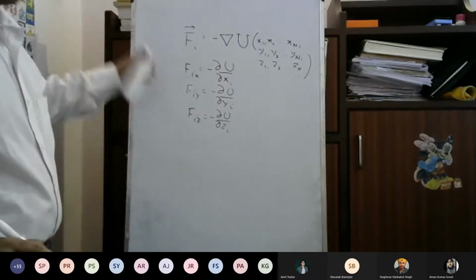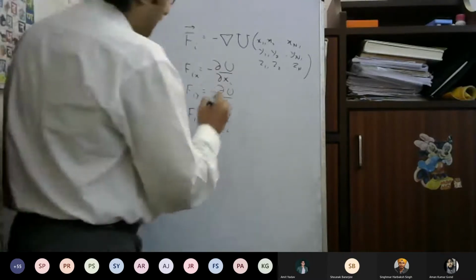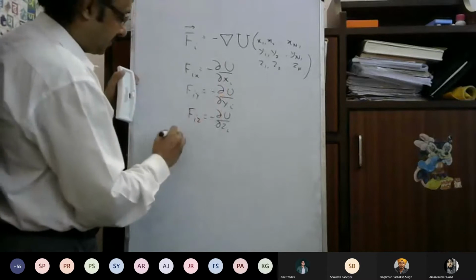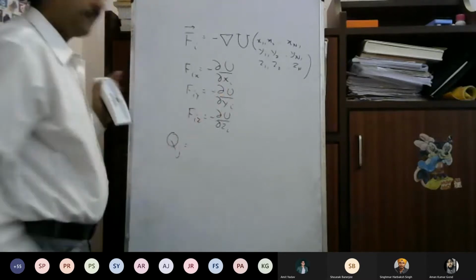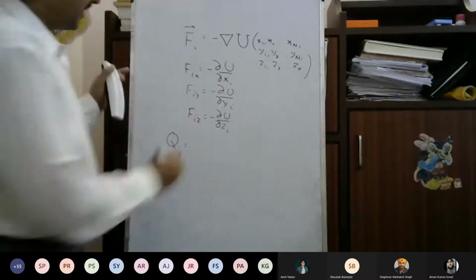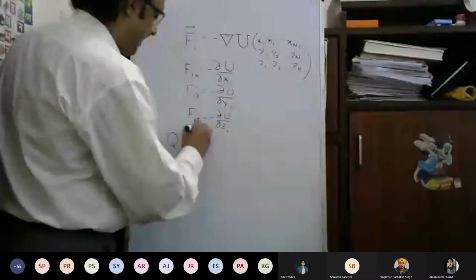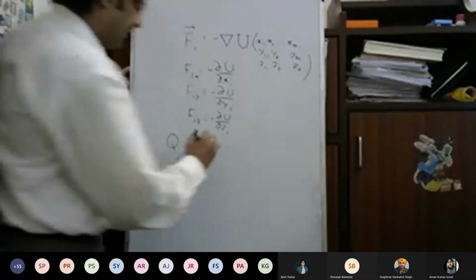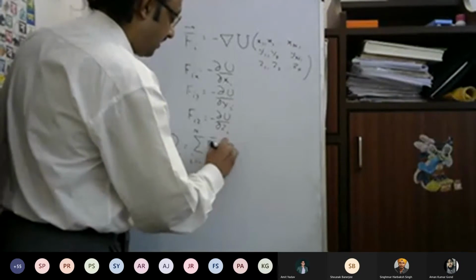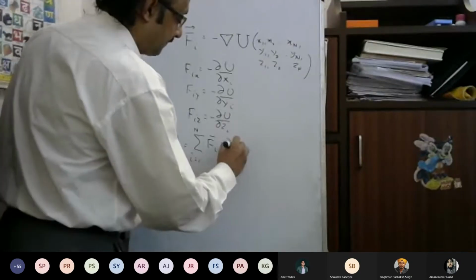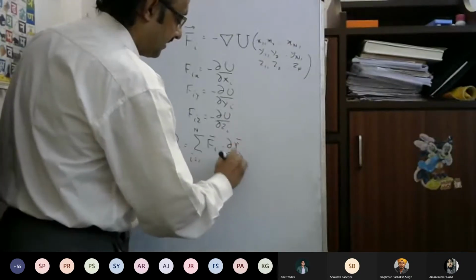If the force is like that, then of course our generalized force Qj will be equal to the sum over i equal to 1 to n of Fi dot del Ri del Qj.